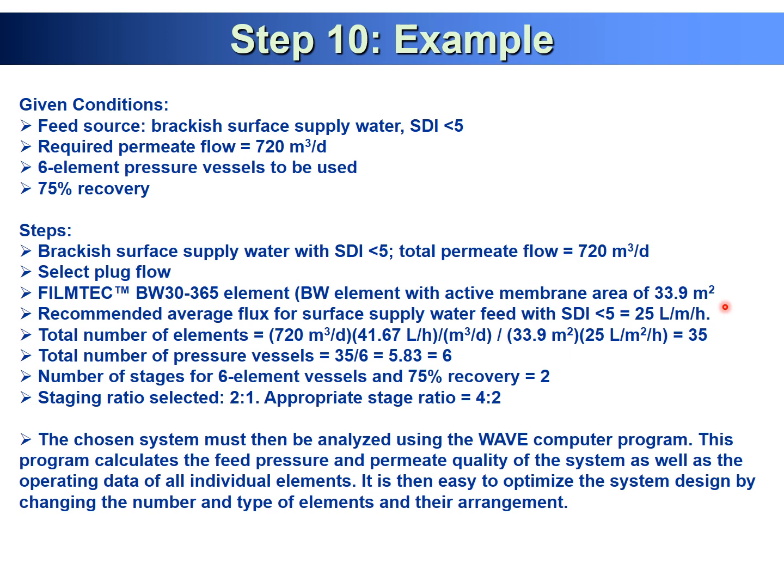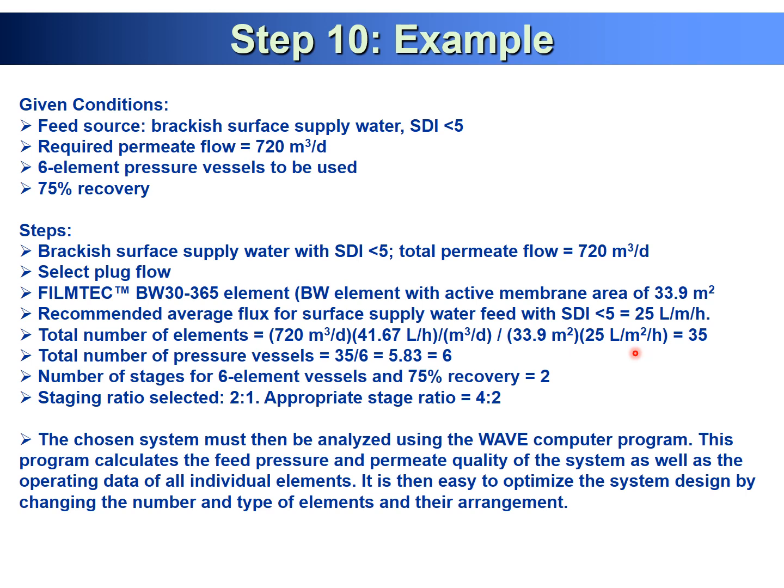These two values are provided by the manufacturer. Total permeate flow is 41.67, with just a unit conversion, and 33.9 square meters of membrane surface area, and this is the average water flux.